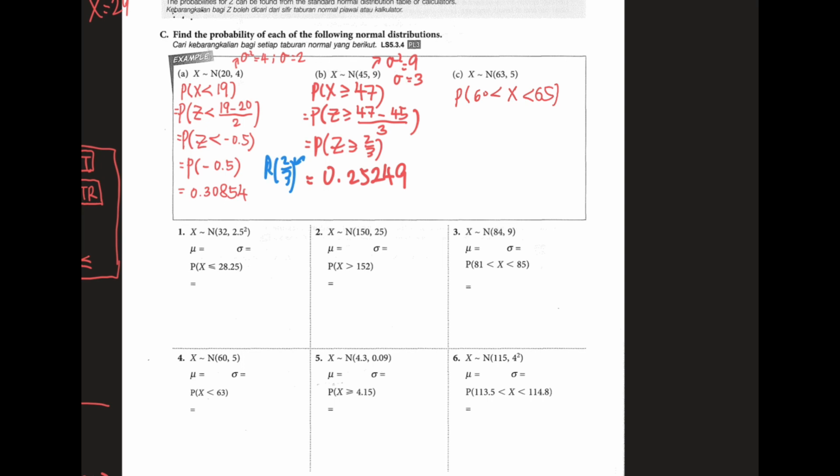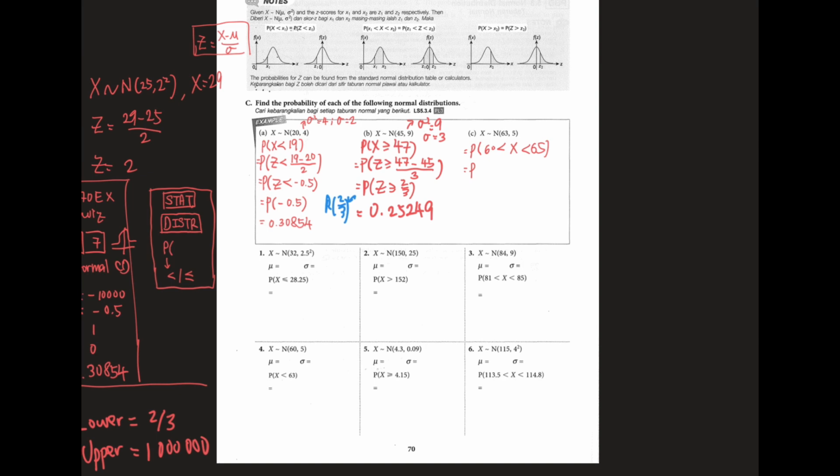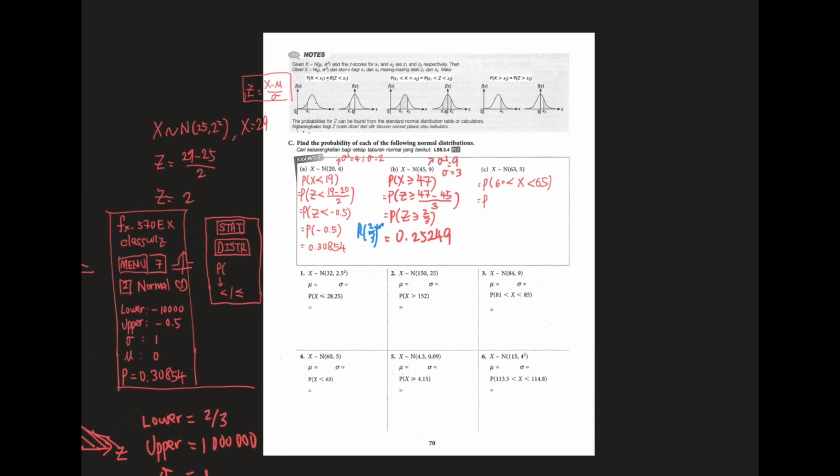Again, we change it to z-score so that we can use the calculator. For numbers, we always use this formula to change to z-score. For 60 and 65, you have to use this formula. For x, you just change to z straight away.